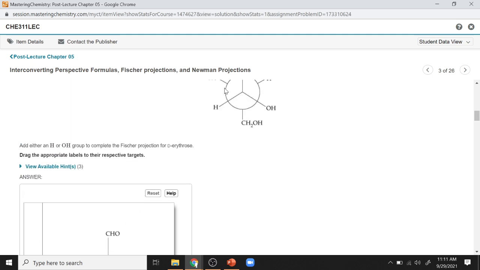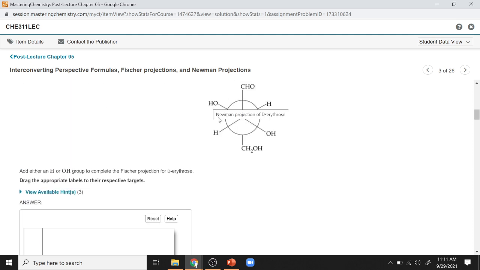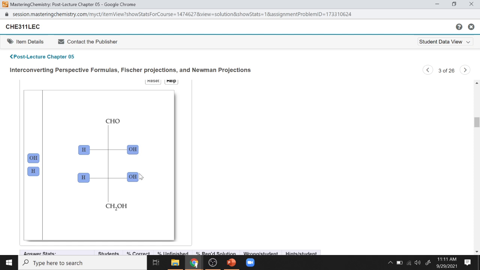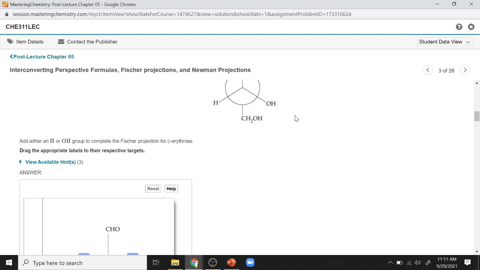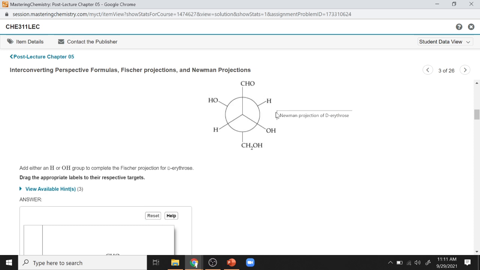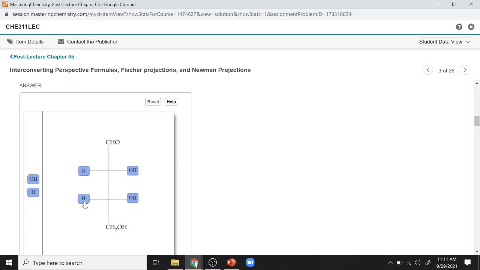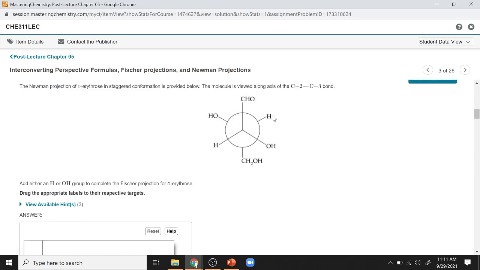So the OH group is on the left up here. It needs to be on the right. The H group here is on the right. Well, it needs to be on the left, doesn't it? Because 180 degrees means I flip-flop the sides. Alternatively, you can just rewrite this.